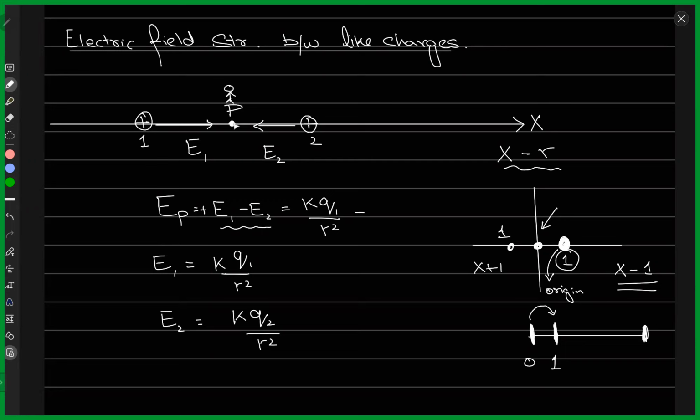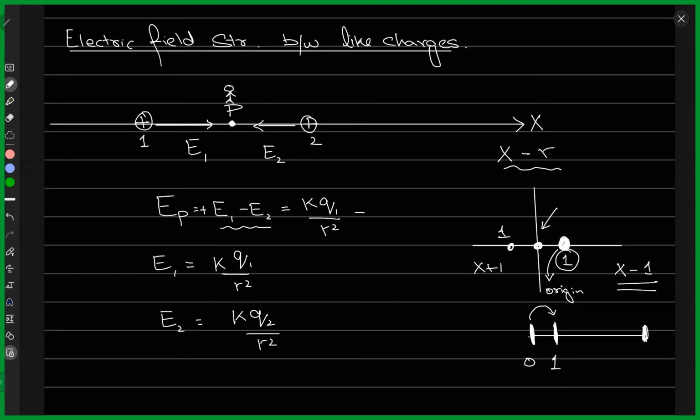We want a general formula for the electric field at point P, where P can lie anywhere in between these two charges. The condition is that it should lie in between these two charges, not necessarily at the center. It could be at the center, but it might be here as well, or here as well.